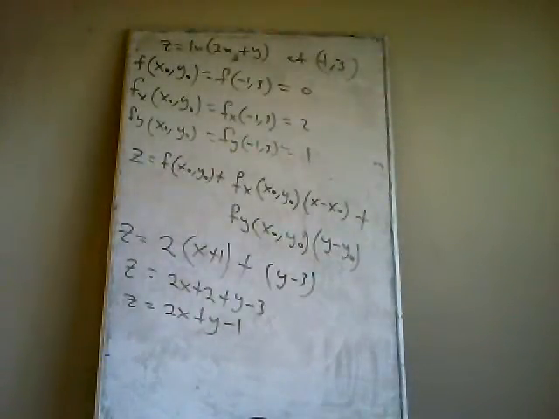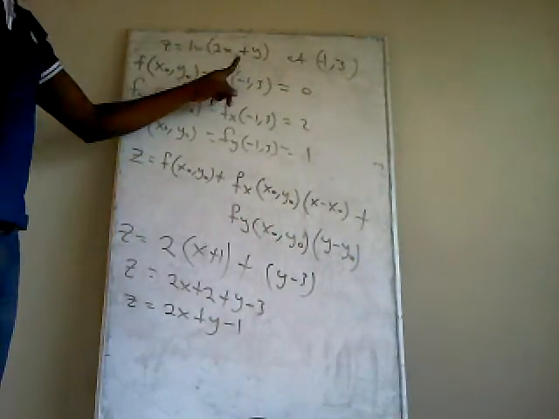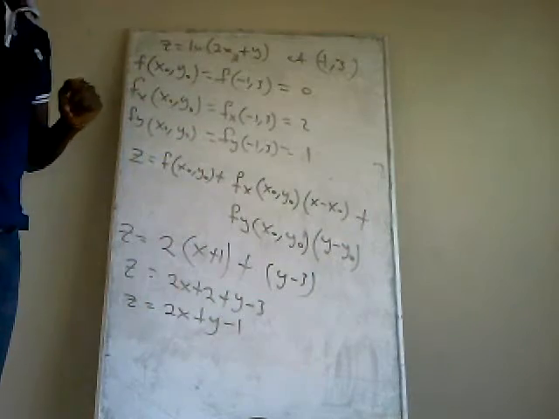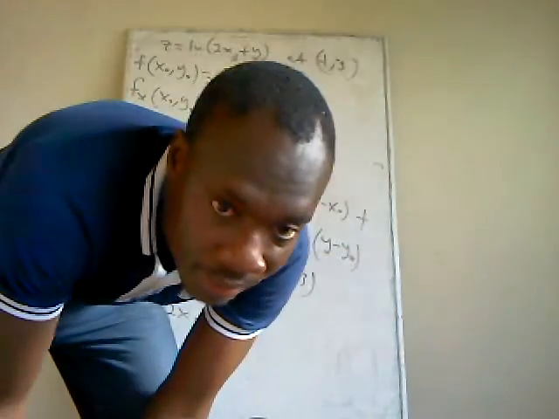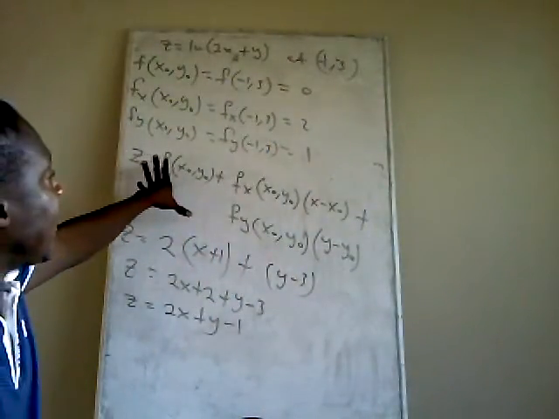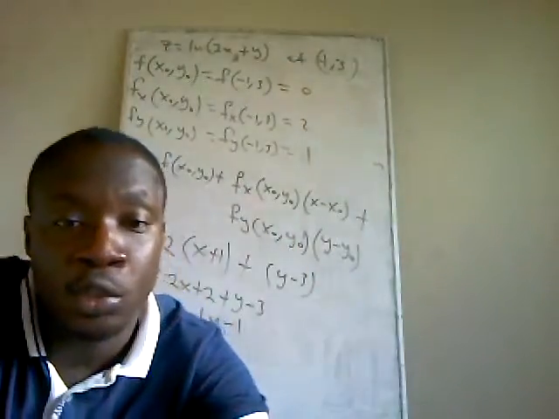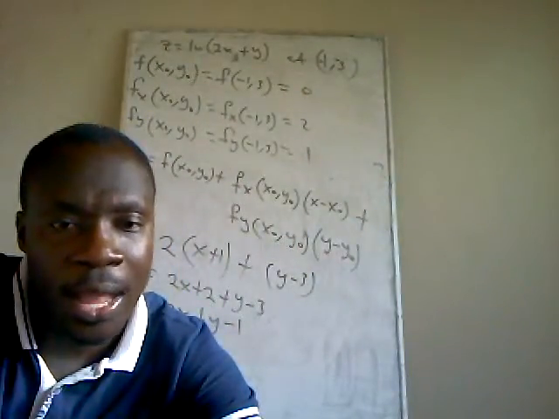This is the equation of the tangent plane to this surface at the point -1, 3. It is as easy as that. There's another example in your handout, the one I sent you. So just look at it and you'll be fine.